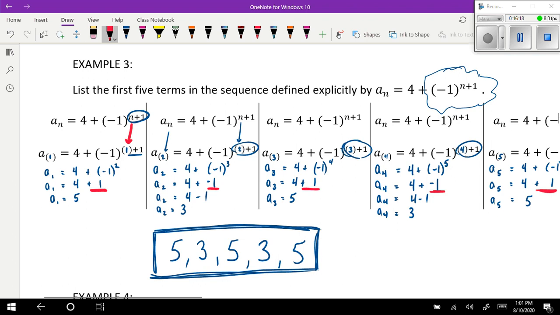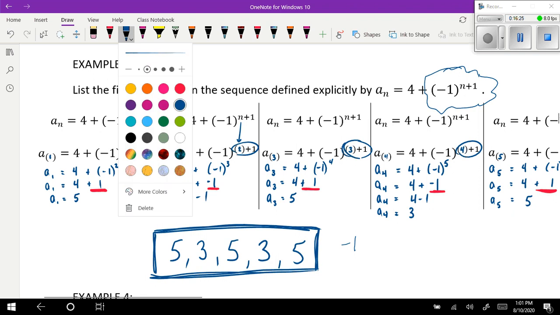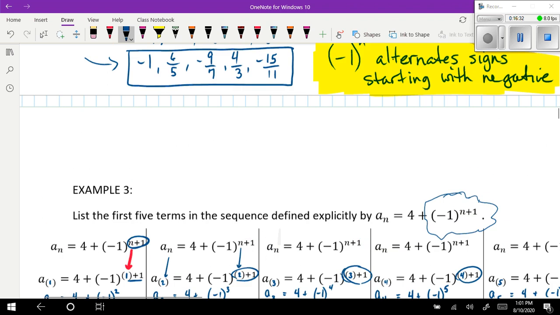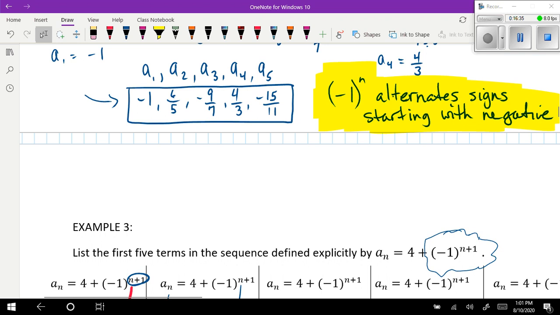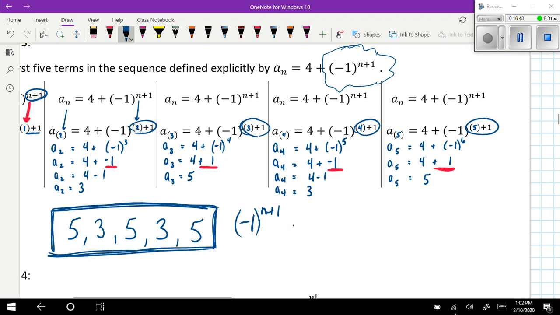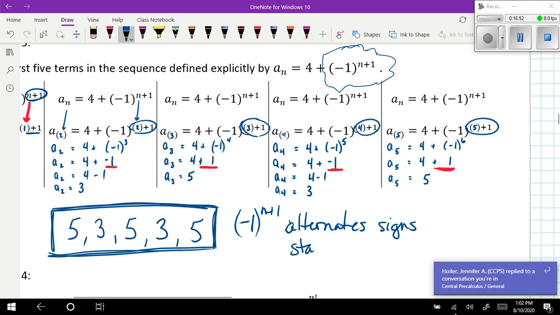So that -1 quantity to the n plus 1 is going to do kind of the same thing it did up here. We're going to alternate signs, but this time we're not alternating starting negative, we're alternating starting positive. So I'm going to write alternates signs starting positive.